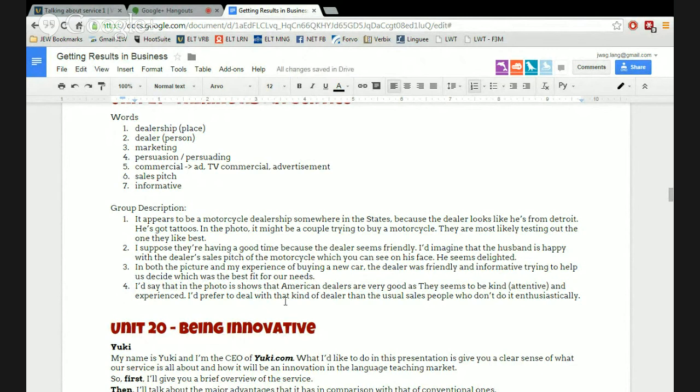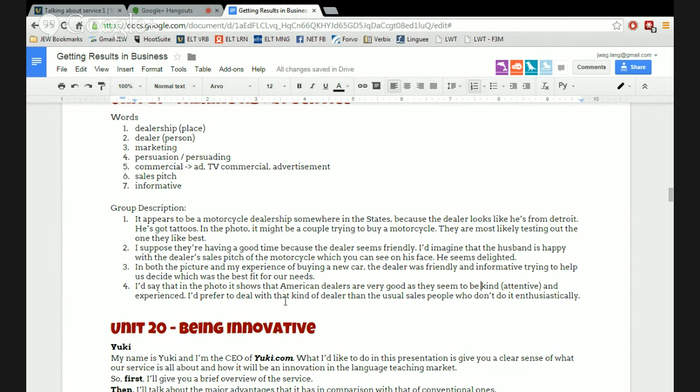The connector is "as". As and because mean the same thing. And we said he's probably American. That's why we're saying that. As they seem to be, you said kind.